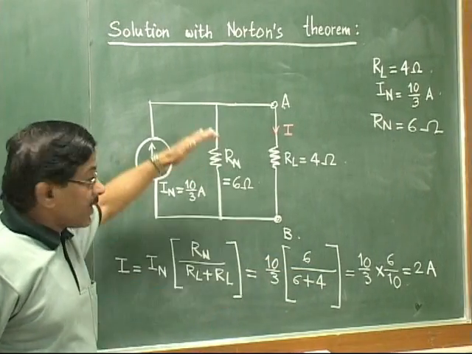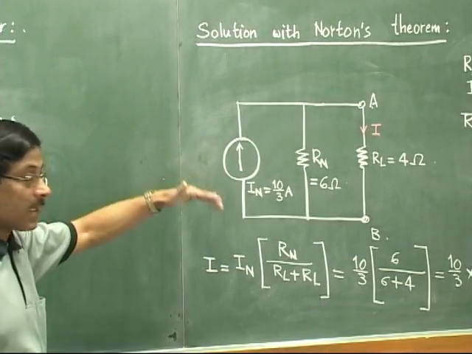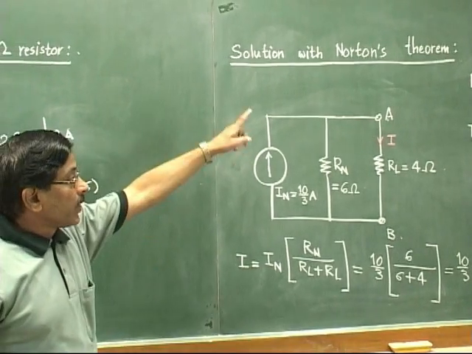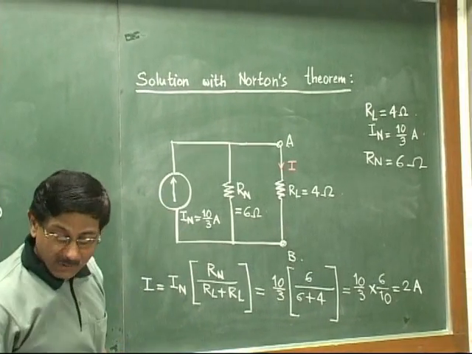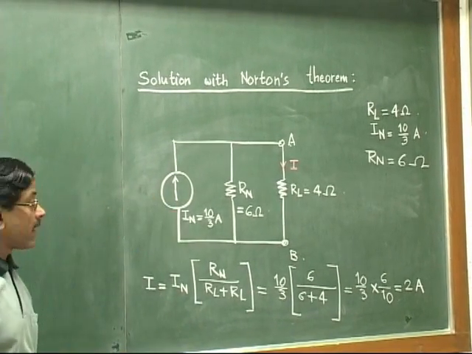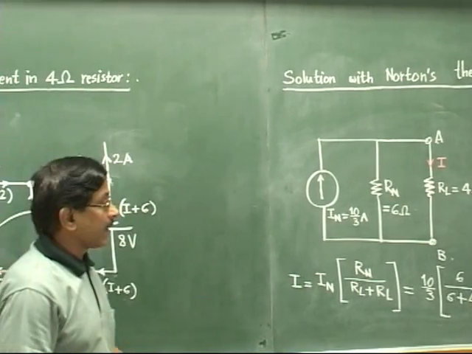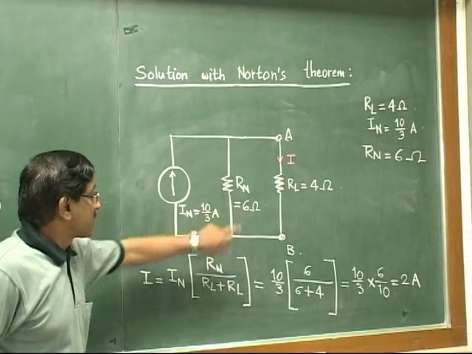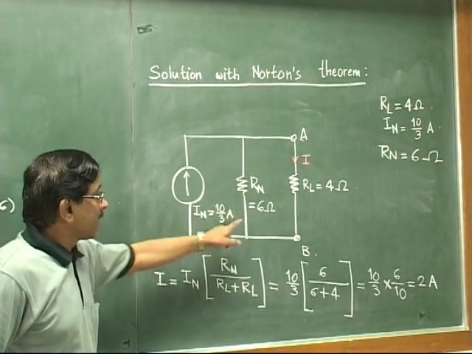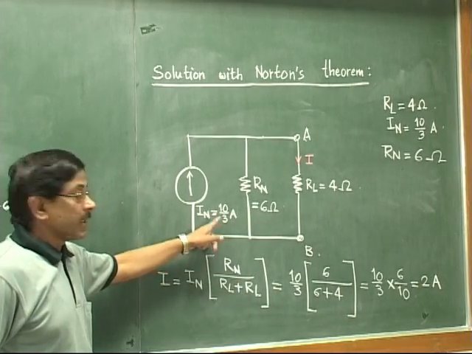Okay. Here we will make some remarks on Norton's and Thevenin's equivalent circuits. We know the values. See now, Norton's circuit we have got. If we convert this particular source into an equivalent voltage source, what will be the case? The equivalent voltage will be this current into this resistor, IN times RN. So 10/3 into 6 will be 20.